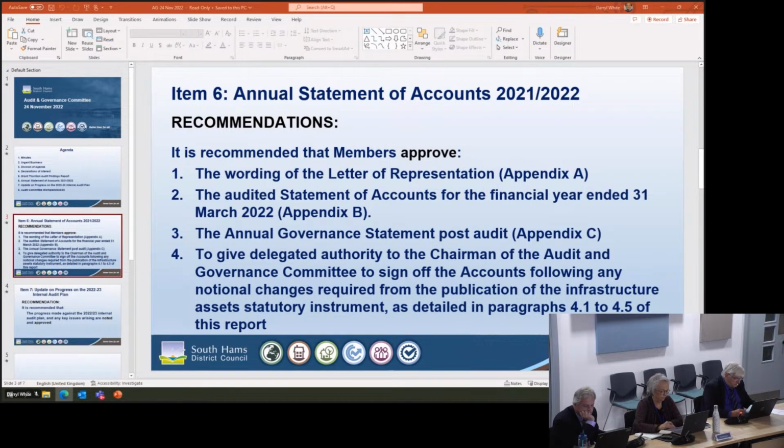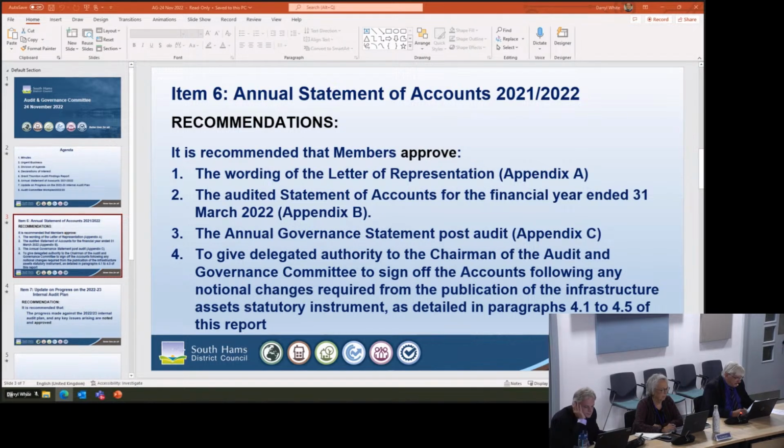Following approval of the accounts, the chairman of the Audit Committee is required to sign and date the accounts. Members are also required to consider the content of the letter of representation. Following approval of its wording, the chairman of the Audit Committee and the Section 151 officer, that is the Director of Strategic Finance, are required to sign the letter of representation.